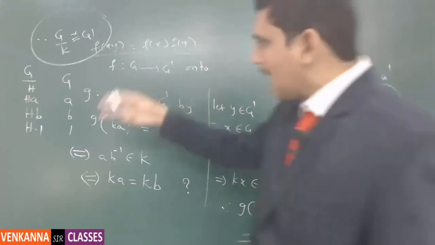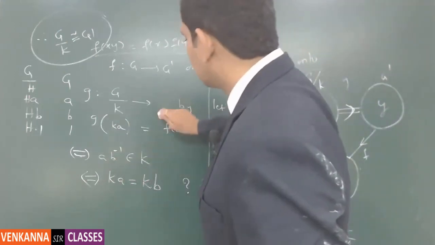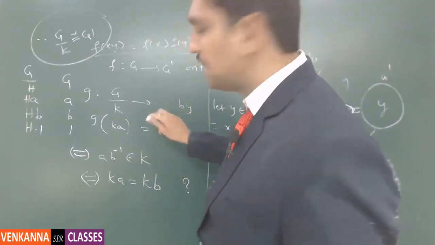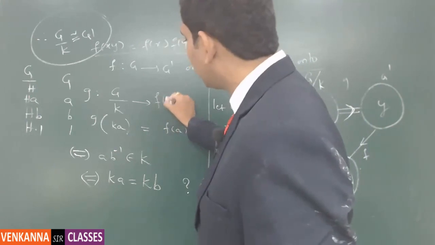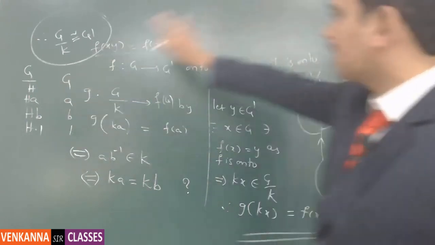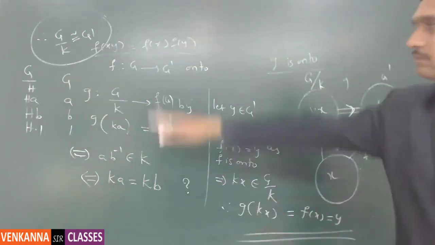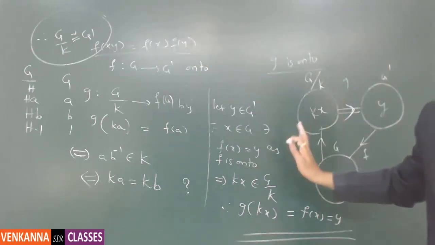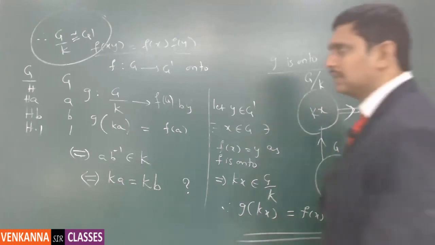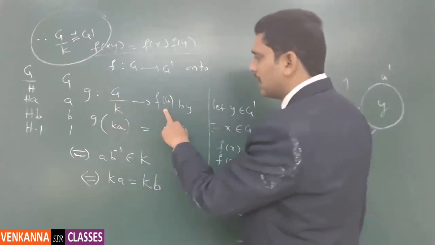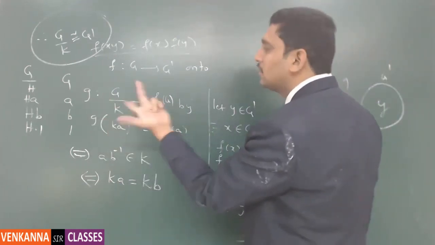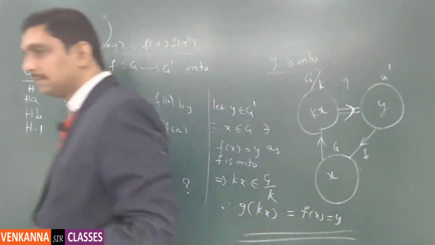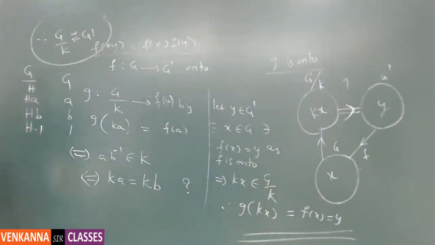In the mapping, you define like this. In the place of G dash, you simply write f of G. The remaining part is totally same. There is no need to change a single step in the proof. You simply, in the mapping definition, apart from taking G dash, you take f of G. That's it. Okay? Are you clear?